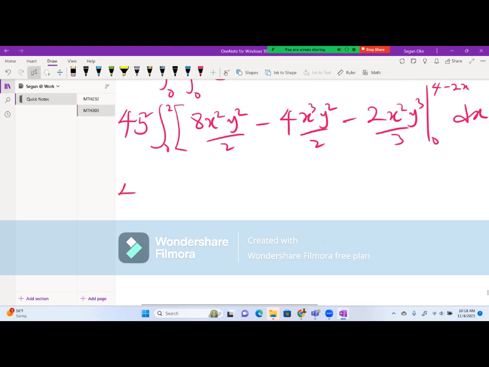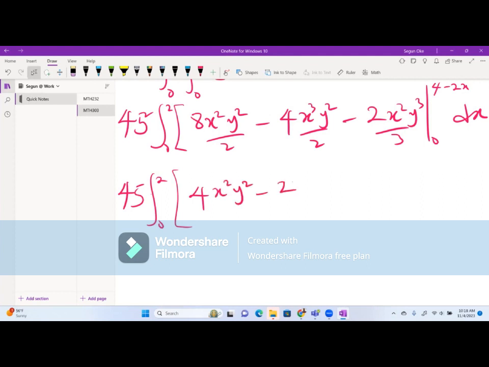So I'm going to have 45 into 0 to 2. Then this is 4x squared y squared minus 2x cubed y squared minus 2 over 3 x squared y cubed, 0 to 4 minus 2x.